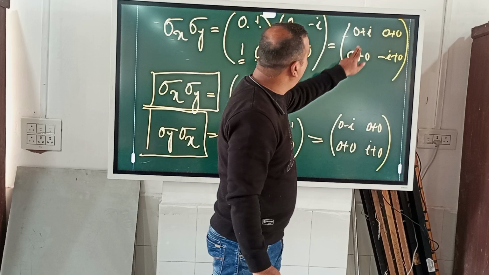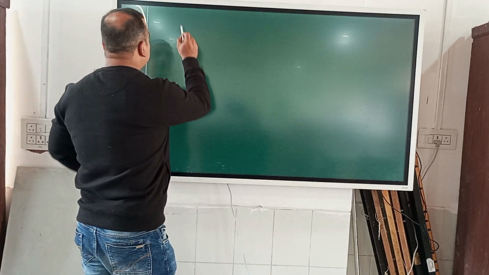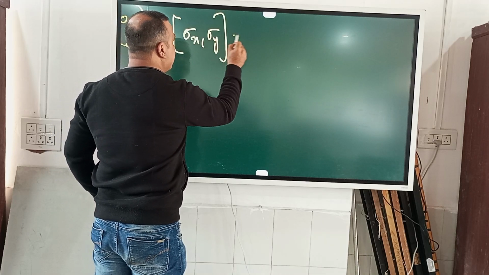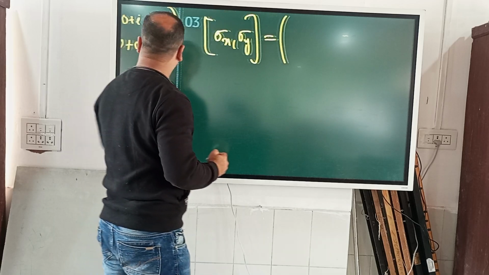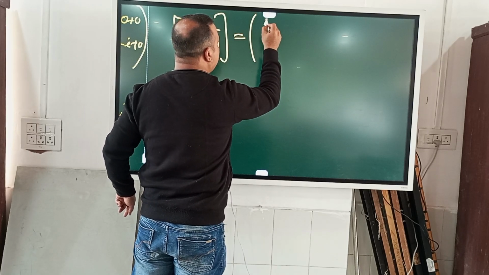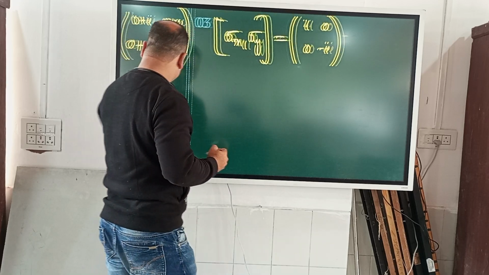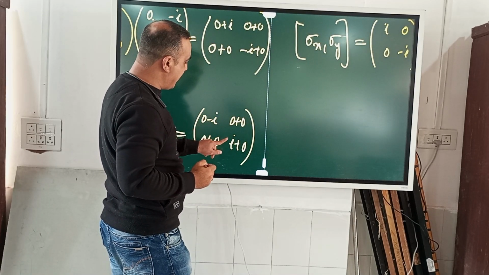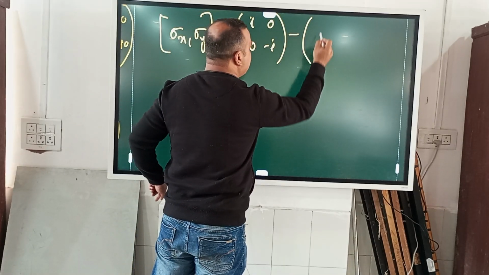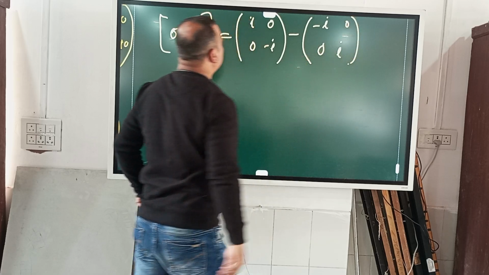So we have i, 0, 0, minus i, minus minus i, 0, 0, i, right?